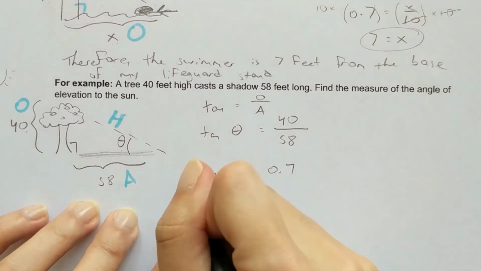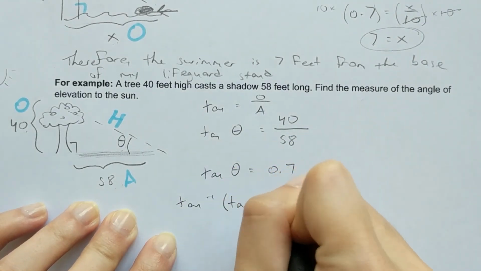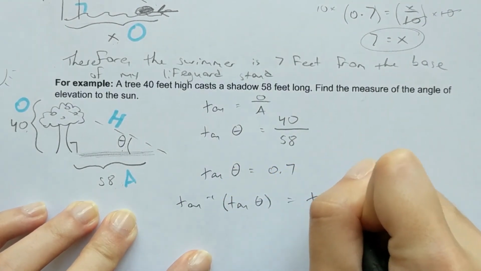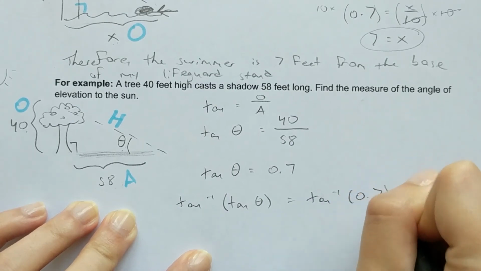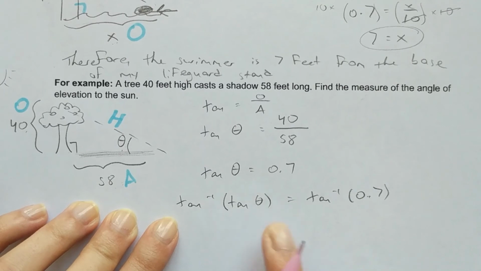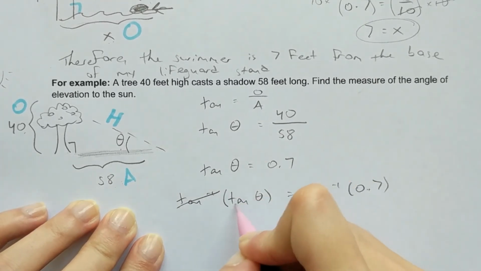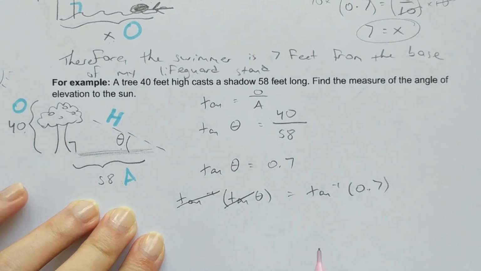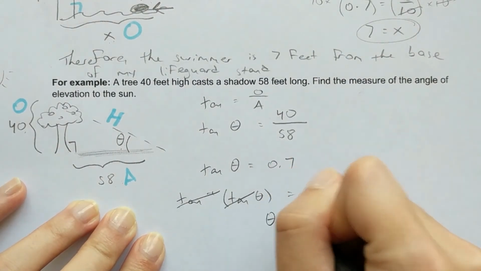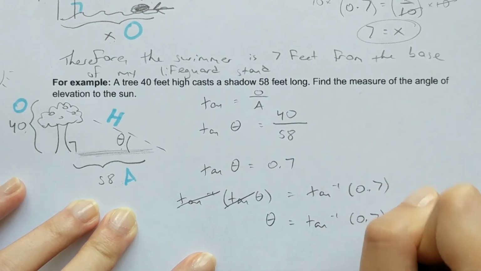So I need to do tan inverse of both sides. Tan inverse of tan theta and tan inverse of 0.7. The tan inverse allows me to cancel out my tans, leaving me with just theta. And I have tan inverse of 0.7 left over.